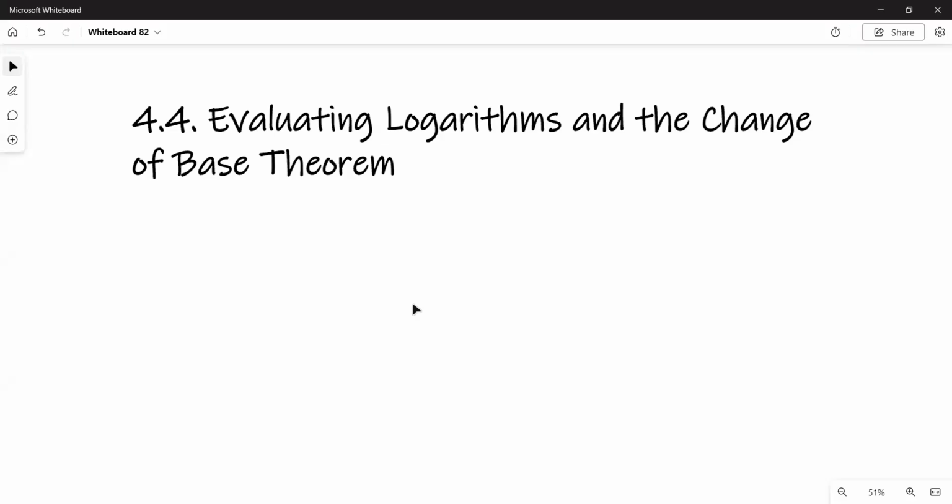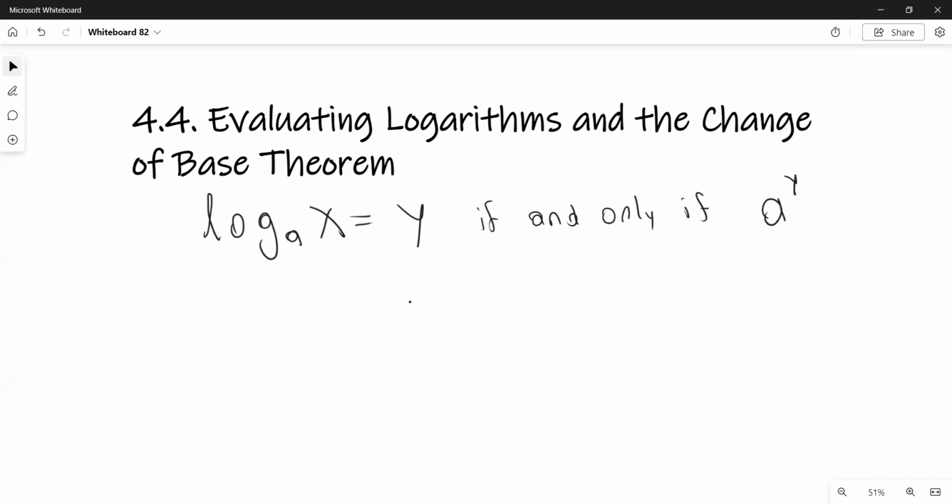Hello, I'm covering section 4.4 about evaluating logarithms and the change of base theorem. So we have learned so far that the logarithm with base a of x equals y if and only if a raised to the y power is equal to x.